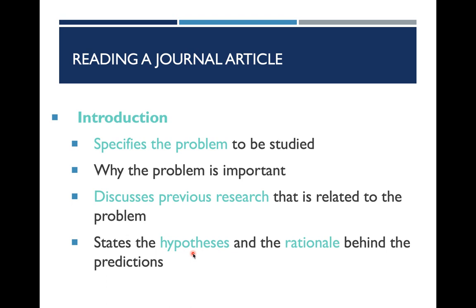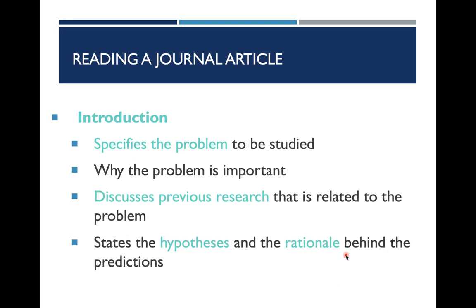So perhaps autistic children will display higher amounts of social aggression than non-autistic children, right? So what do I think my IV is going to do to my DV? That's a hypothesis. A rationale is the theoretical reasoning for why I chose that particular hypothesis.